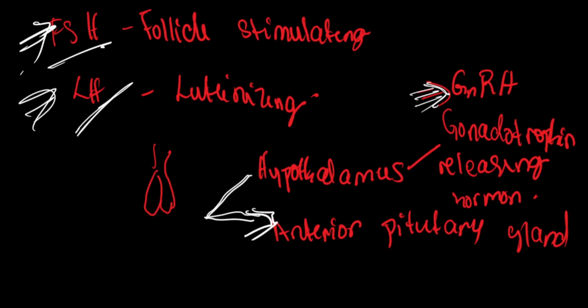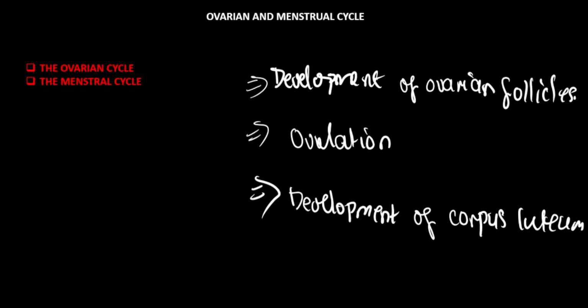And remember here, when we were taking a look at the major processes in the ovarian cycle, we said first we have the development of the ovarian follicles, and this is stimulated by the follicle stimulating hormone. Then we have ovulation. Basically, what triggers ovulation is the luteinizing hormone, which is released by the anterior pituitary gland.